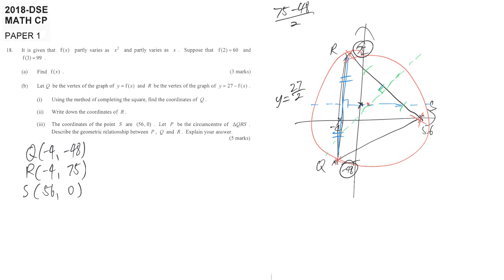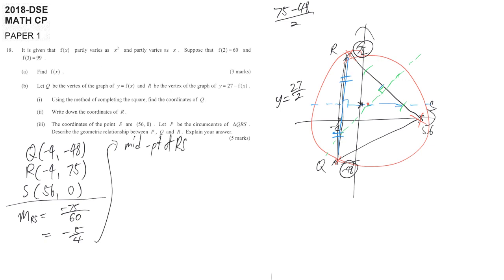So to find the perpendicular bisector of RS, we have to find the slope of RS, which is equal to -75, go down by 75 until 0, and then go right for 60. So -75 over 60, and simplify it, we get -5/4. And then we need to find the midpoint of RS also.